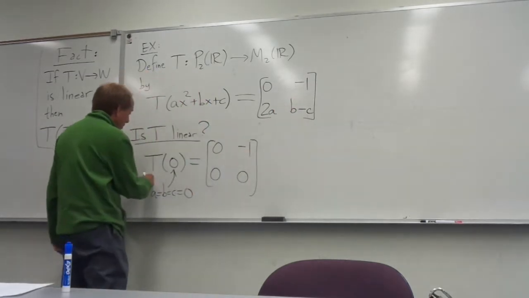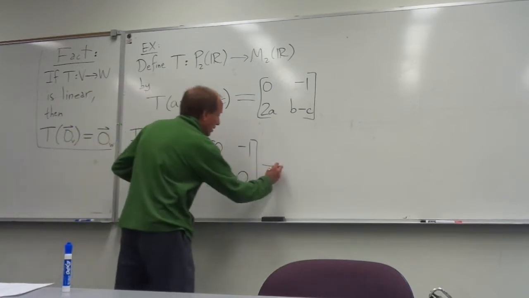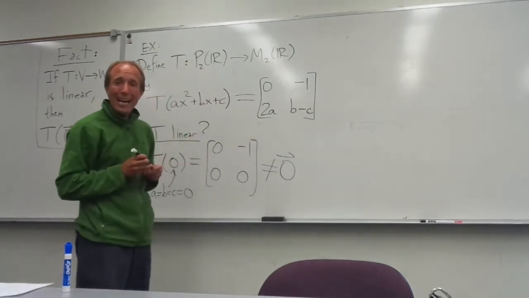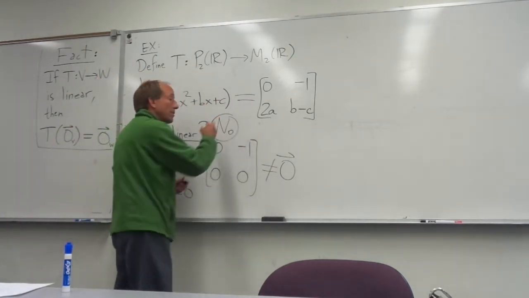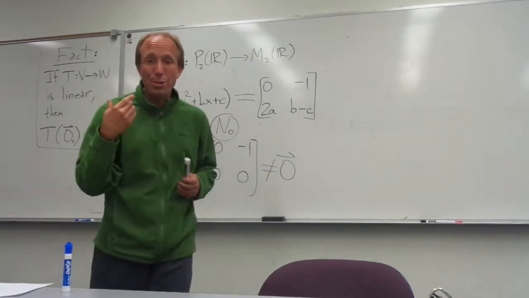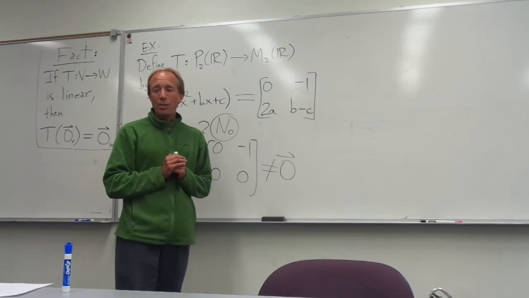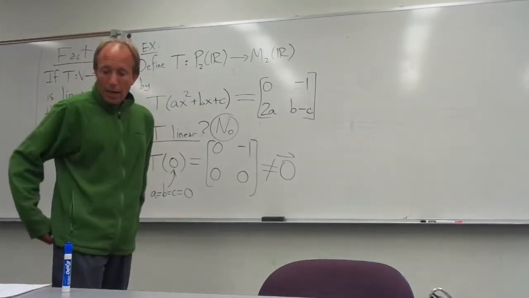Because if I look at what T of 0 is, I do not get the 0 matrix out of that. So therefore T is not linear. You don't have to talk about whether T respects addition or scalar multiplication here. It's just automatically a quick no in this case.